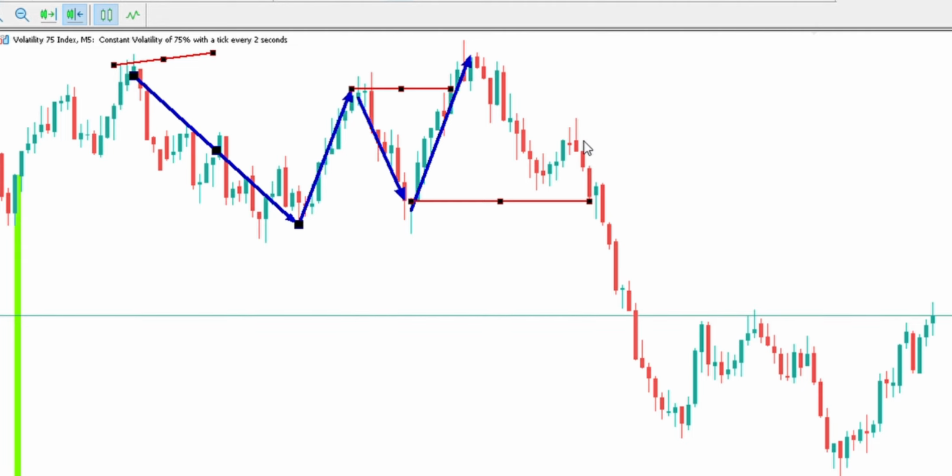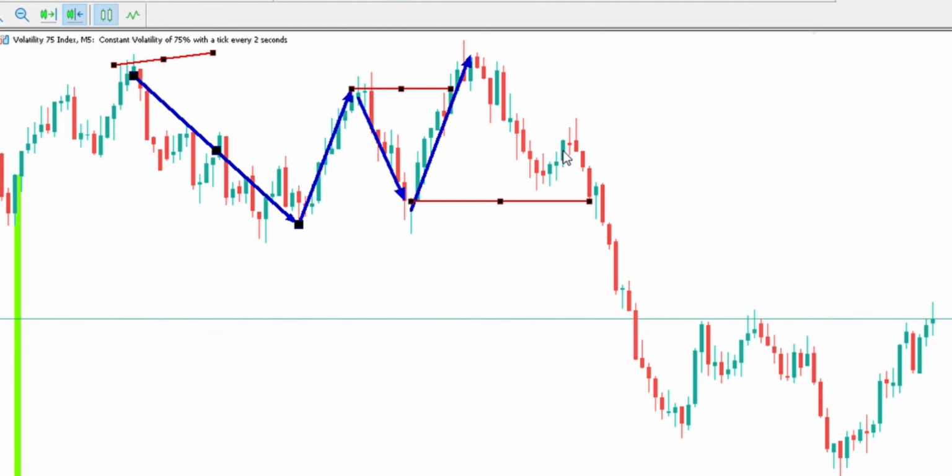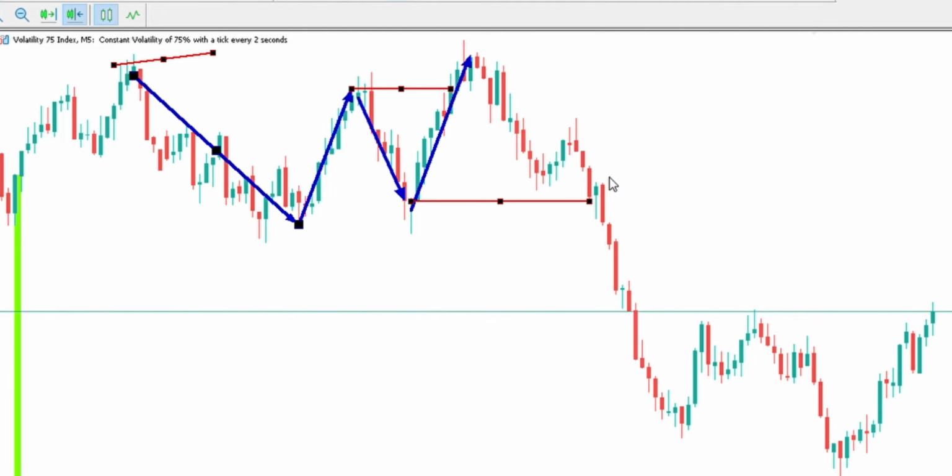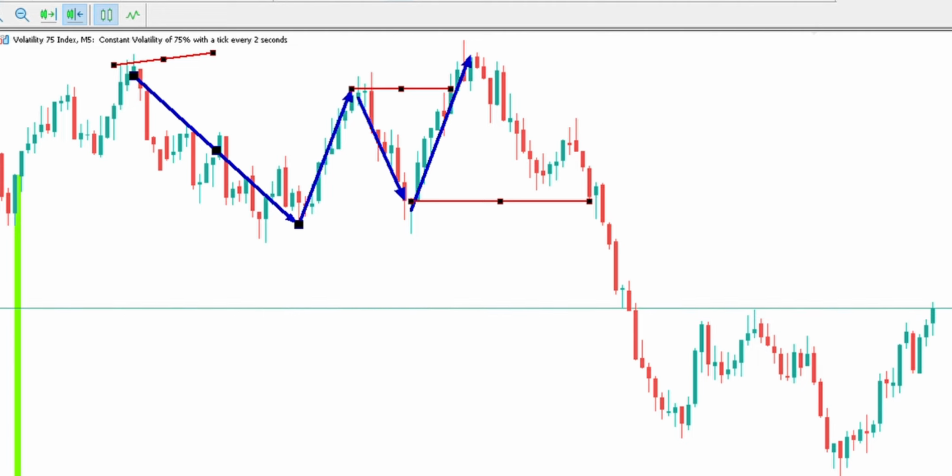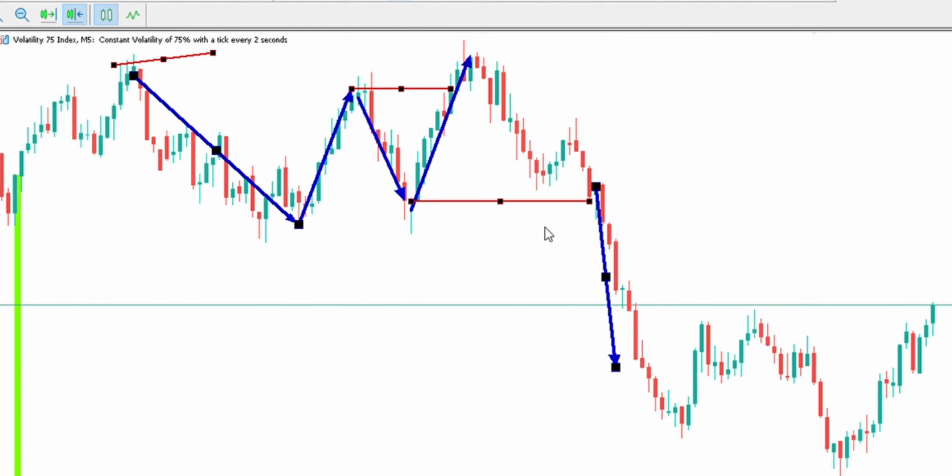Now we are focusing at this point because it has closed below this point. So what are we doing? We are waiting for this market to come and retest at this point. If this market comes and respects this point, like it reaches here, then respects, now you can term this market as a selling market or a bearish market.